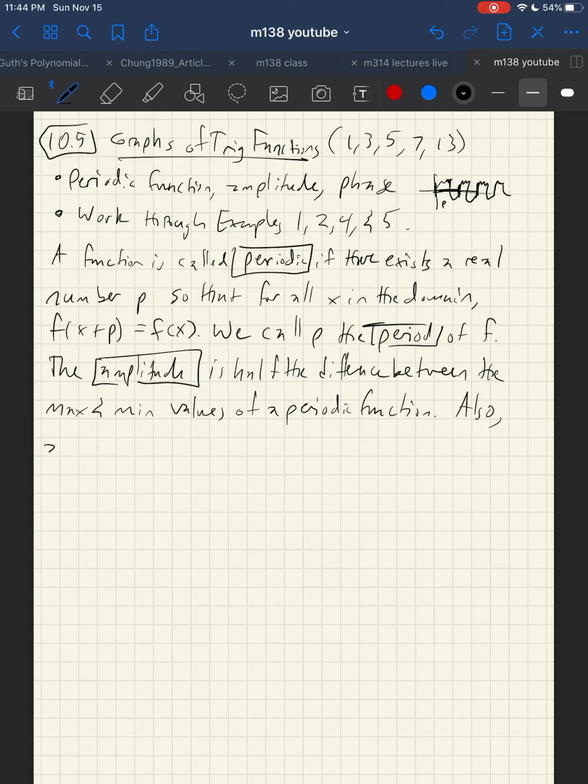Also, horizontal shift can be called a phase shift.